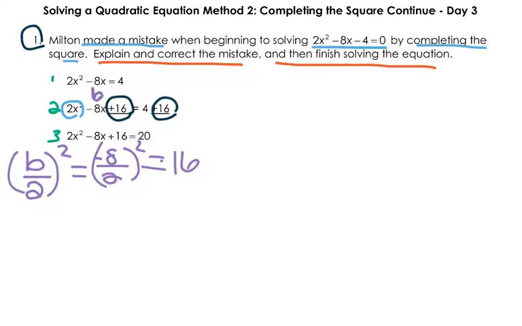So I'm going to box step 2, because this is where his mistake is.